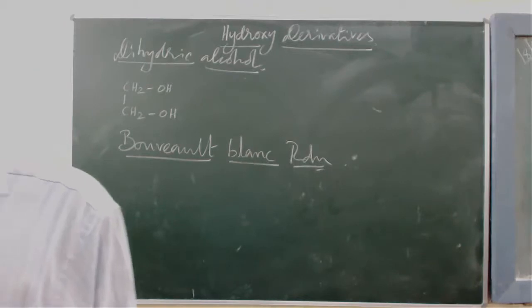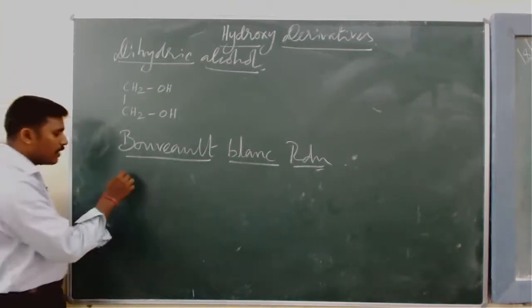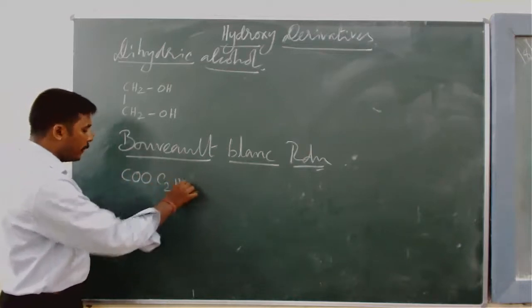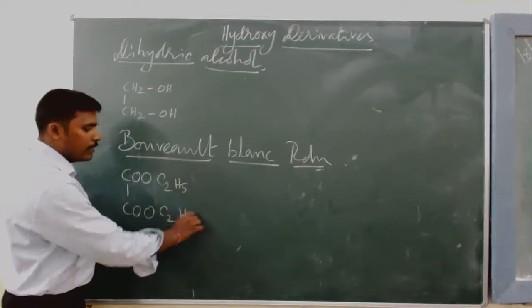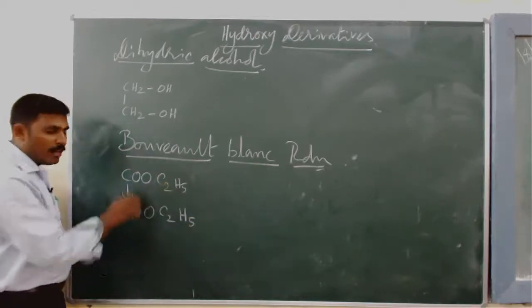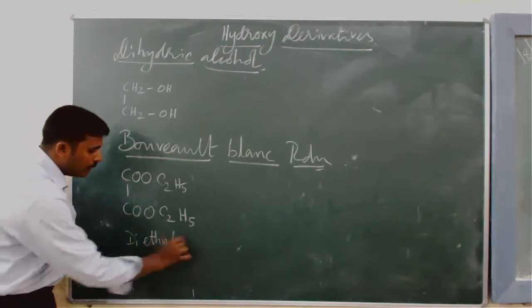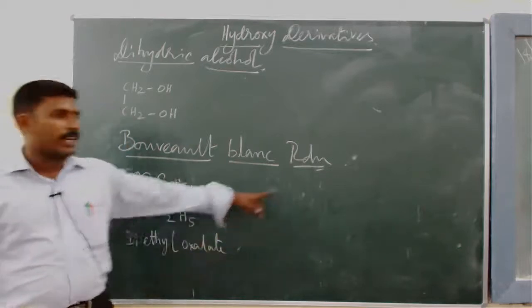We are using 8 hydrogen atoms, isn't it? So diethyl oxalate means, what's the formula for oxalate? COOC2H5, COOC2H5. Named as diethyl oxalate. Okay, so reduction reaction.